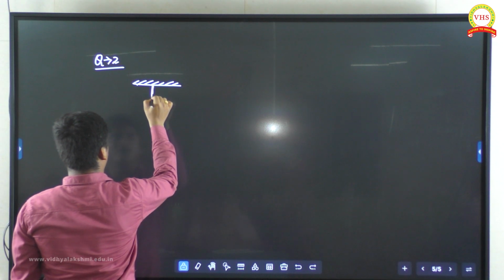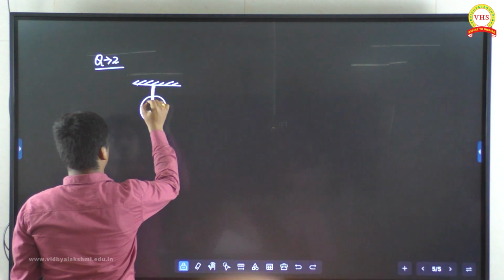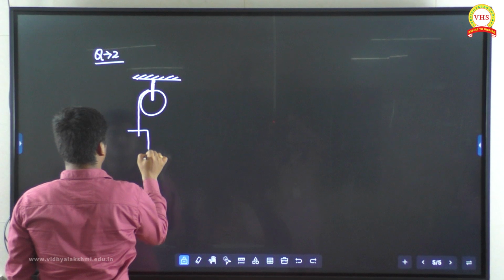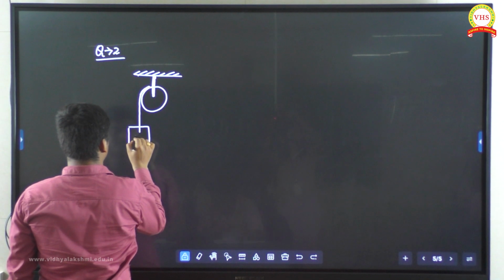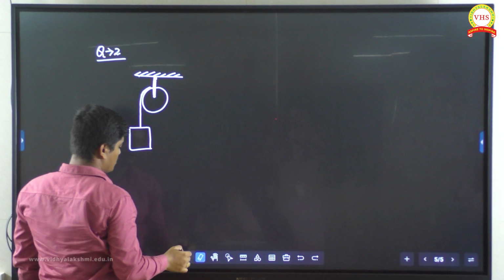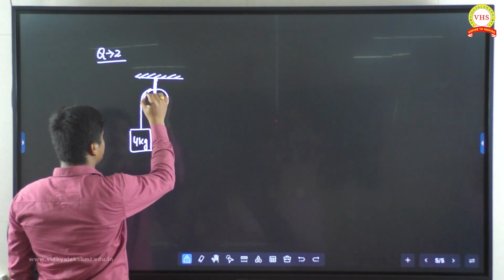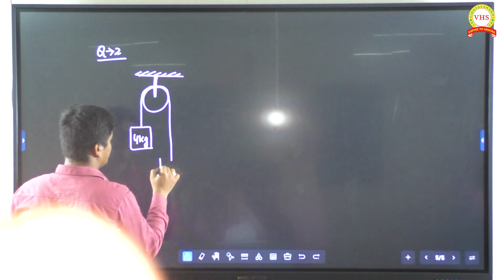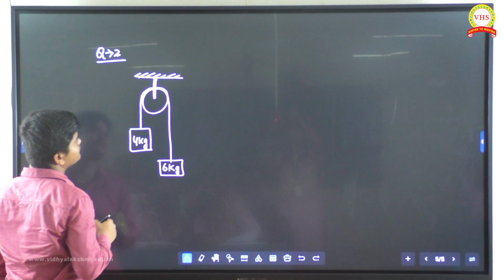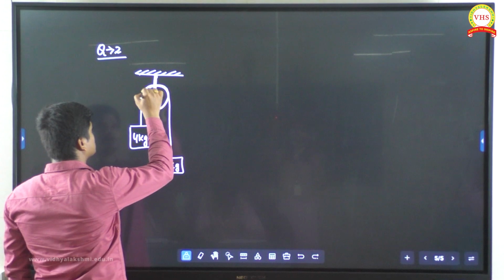In this pulley system, two masses are there. One is 4 kg and another mass is 6 kg. 6 kg, 4 kg, two masses are there.